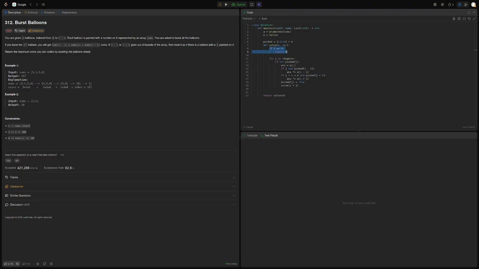Let's see. Okay, and then ans is max of ans and current plus this, and then picked j false, and then we return ans.